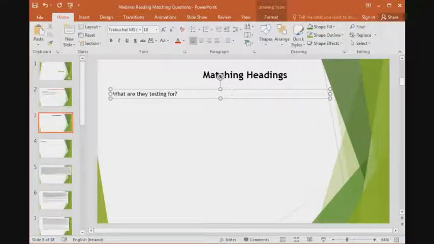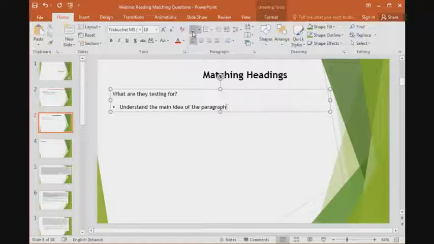To know if you understand the thoughts of the paragraph. Yes, basically they're testing if you understand the main idea of the paragraph or paragraphs.